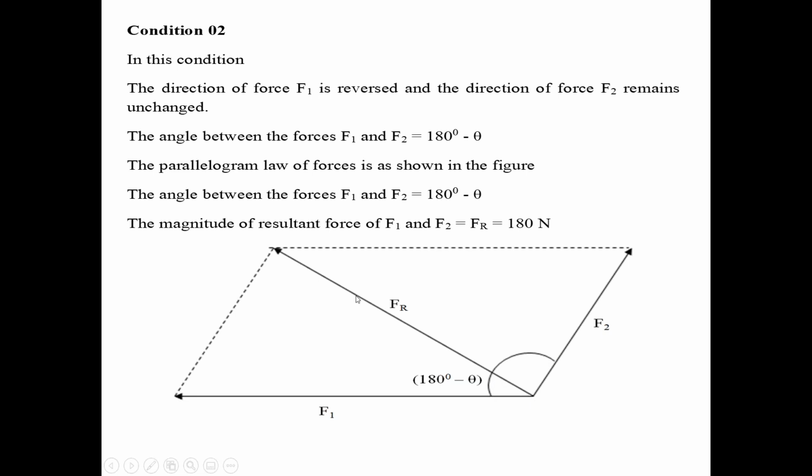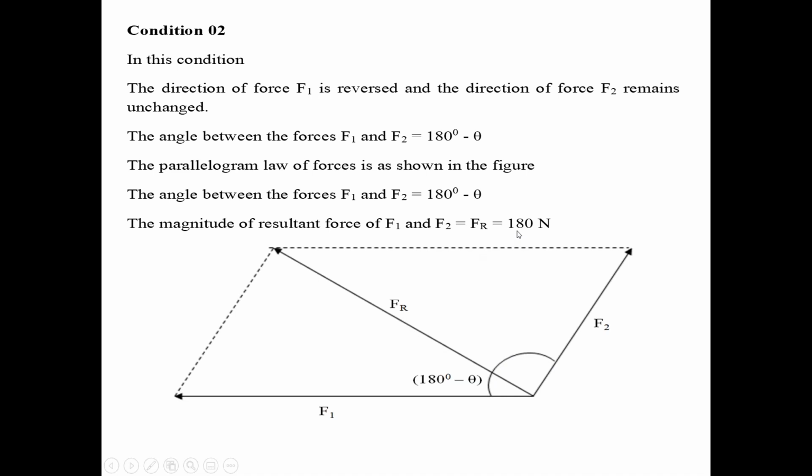This is the resultant force, passing through this common point. In the second condition, resultant force Fr is 180 newtons.